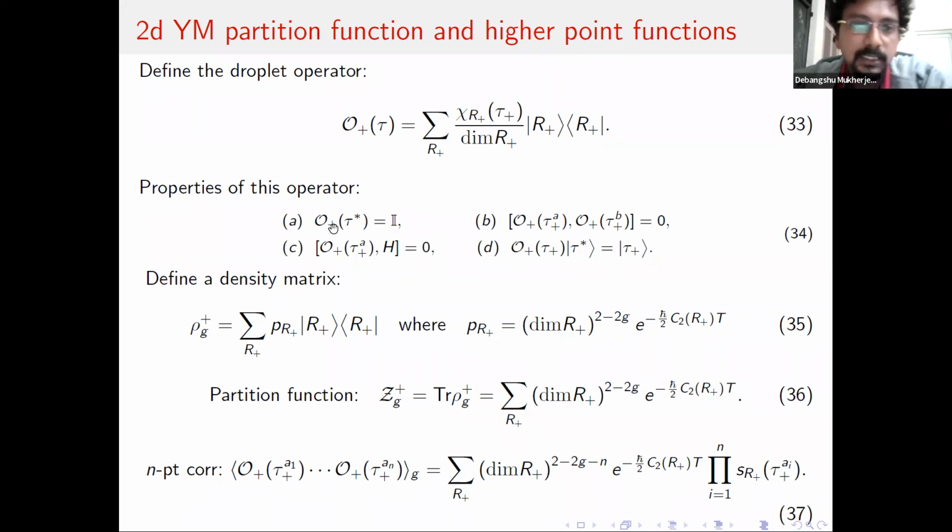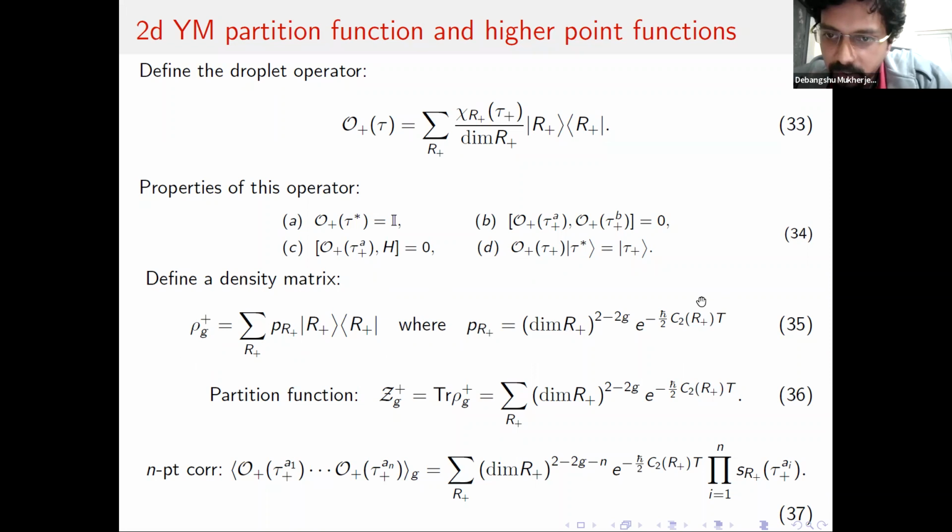And these are the main properties of this operator. For a mixed ensemble, what you do is you define a density matrix in this form, where rho g plus is the density matrix, and P R plus are precisely the weight factors with which you are weighing all these R plus states.